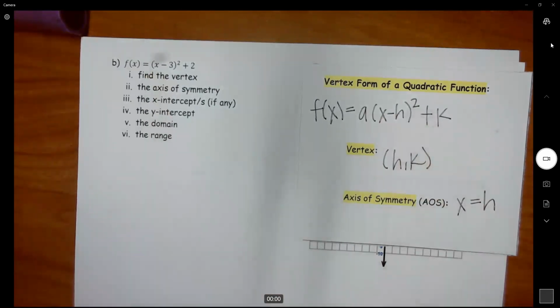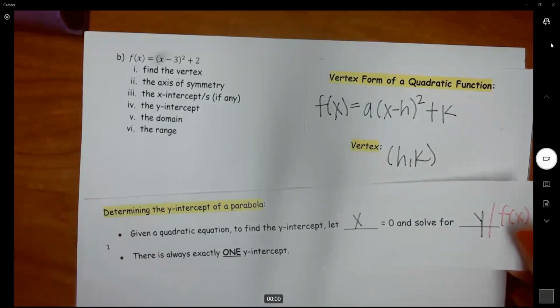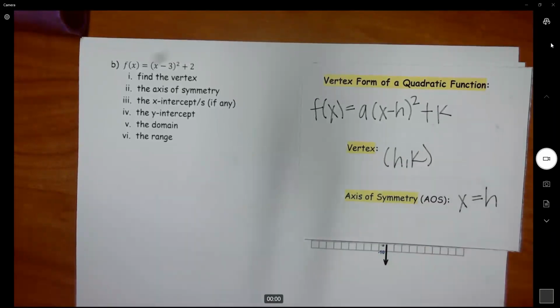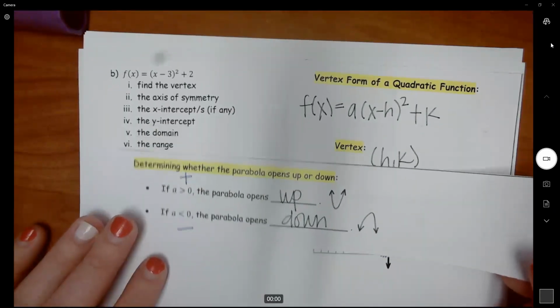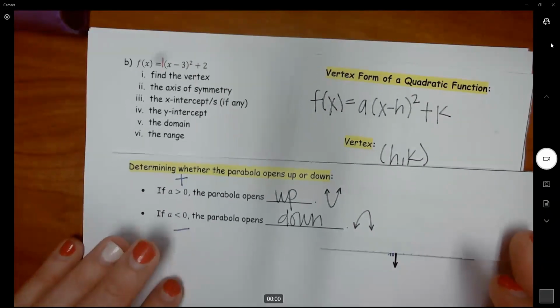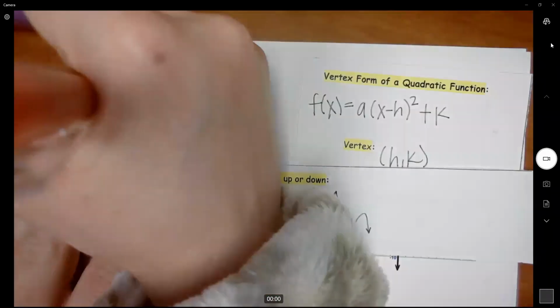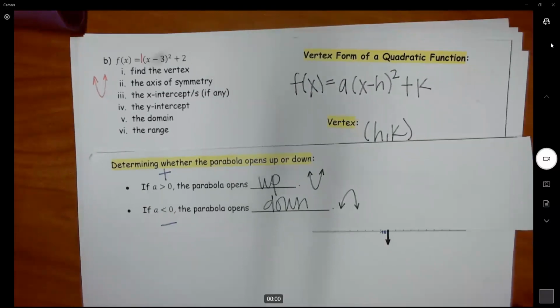So before I even start, it doesn't ask for it, but is this parabola going to open up or open down? Well, my A right here is 1, specifically a positive 1. So because A is greater than 0, let's make a note that this parabola is going to open up.